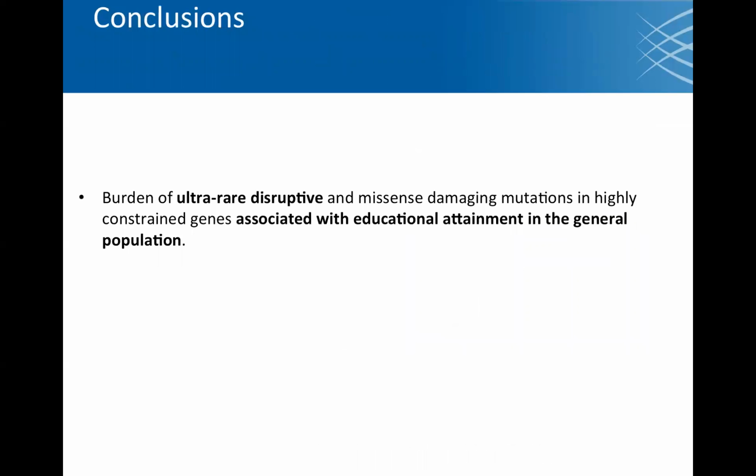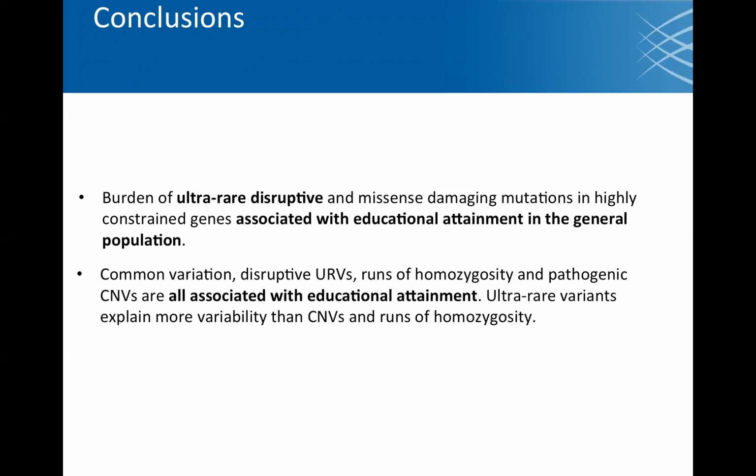So, some conclusions. This burden of ultra-rare disruptive variants, which has been associated with intellectual disability, autism, and schizophrenia, is associated with educational attainment in the general population after we exclude any of these rarer disorders. So it has an effect on a continuum of cognition in the population.